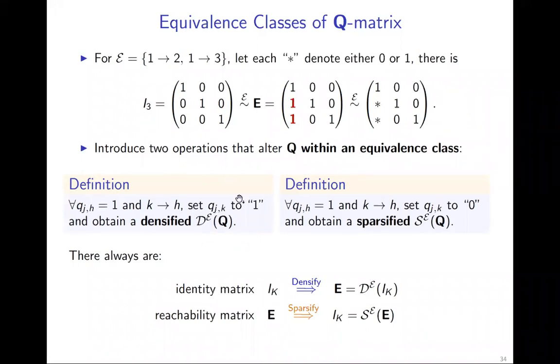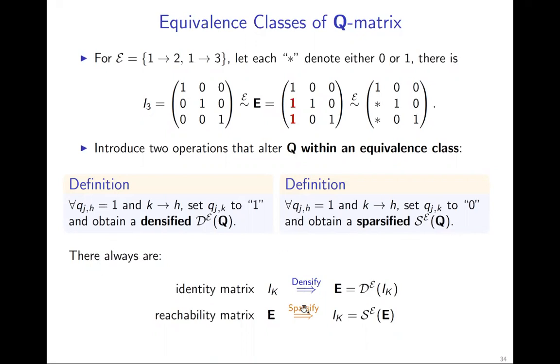So by this operation, apparently the resulting Q matrix will be denser, and we will call it a densified Q matrix. On the other hand, for Q_JH equal to 1 and attribute K prerequisite for attribute H, we will set Q_JK to 0, and this sparser Q matrix will be called a sparsified version of the Q.